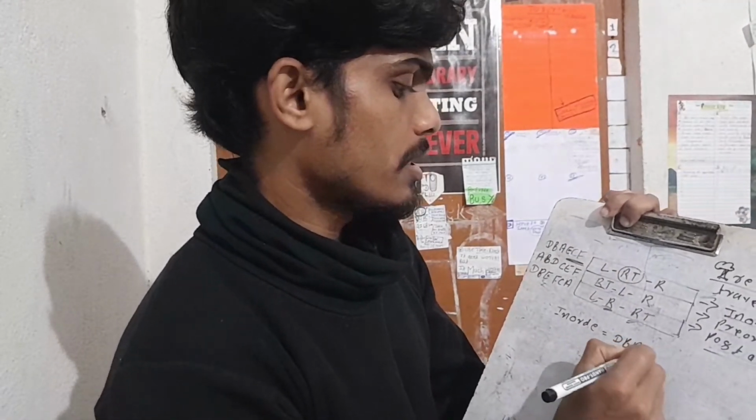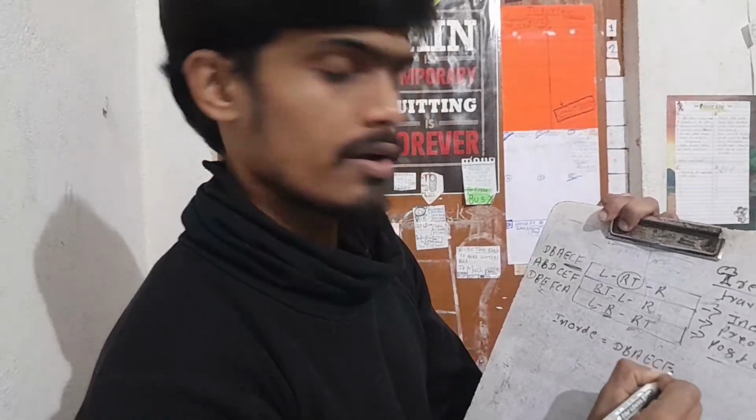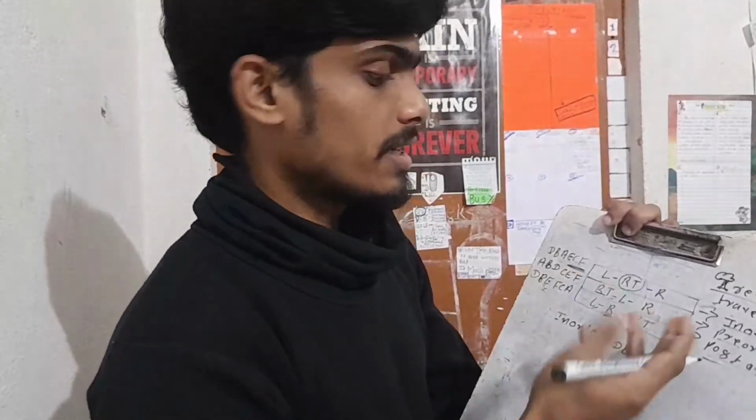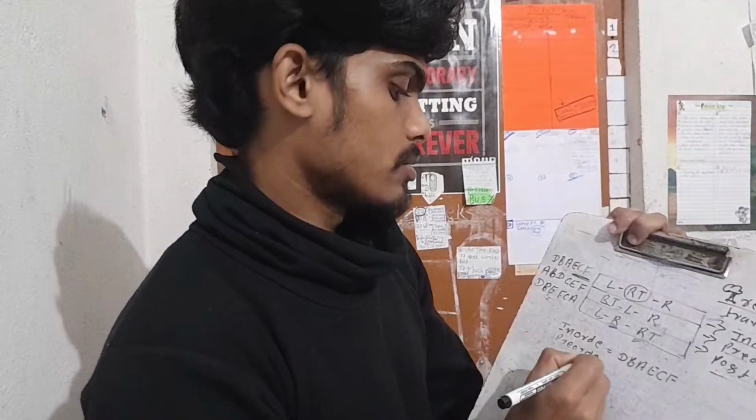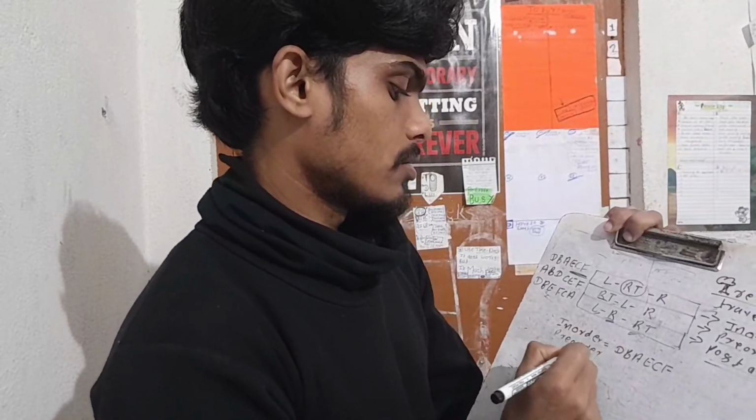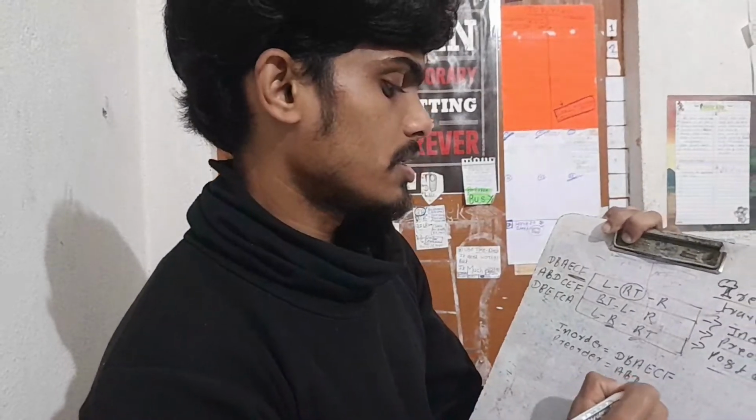So here is D, B, A, E, C, F. Fine. Now we can take any of them, pre-order or post-order. So suppose we have taken pre-order here. In pre-order: A, B, D, C, E, F.